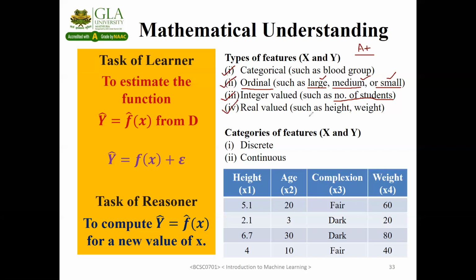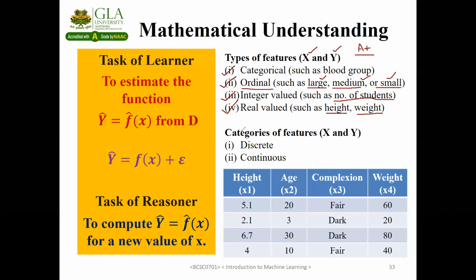Real valued features such as height of a person and weight of a person are values which contain fractional values. So they are represented by real numbers. Both variables, whether x or y, that is the feature and the target feature, can be of these four types.